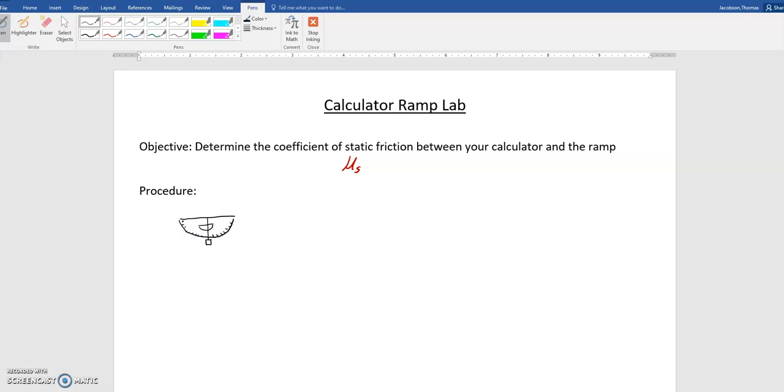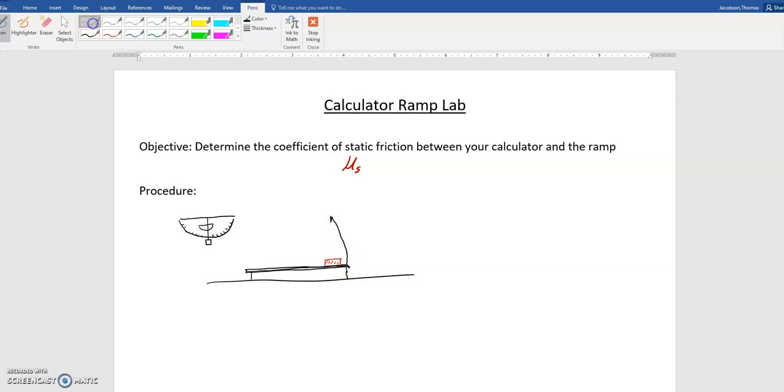So to do this lab, you're going to lay your track flat on your table. This is the tabletop, and this is the little track with its little legs on top like that. Then you're going to rest your calculator, which I'll put in red, right there, and then you are going to slowly raise this up.